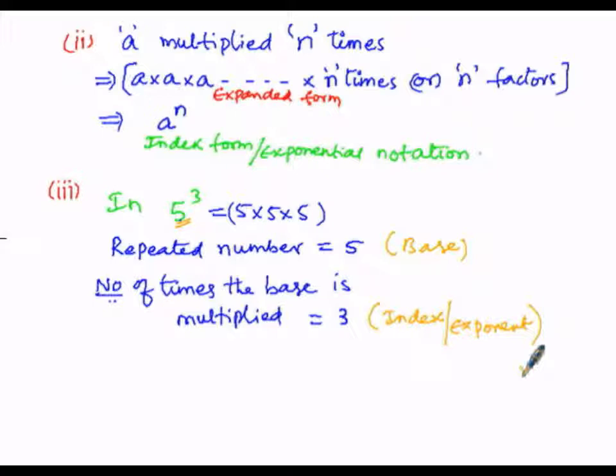Finally, in a power m, the base will be a, because it is repeatedly multiplied, and the exponent or the index will be m, because a is repeatedly multiplied m number of times.